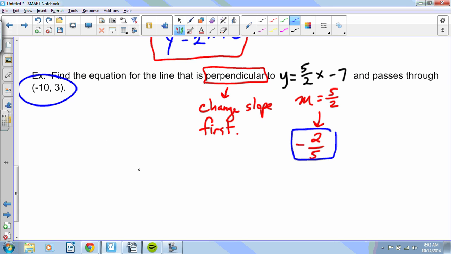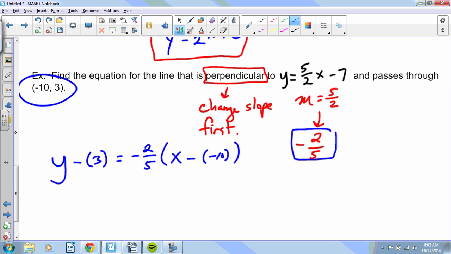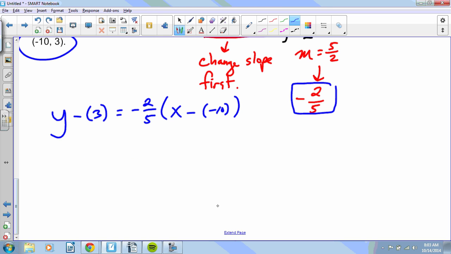Now we approach it the same way we did the parallel lines. We start with point-slope form. So y minus 3, that's y1, will equal my new slope, negative 2 over 5. Remember, new slope, times x minus negative 10. Okay. Well, continuing on, we are going to just become plus and plus here and distribute the 2/5 in.